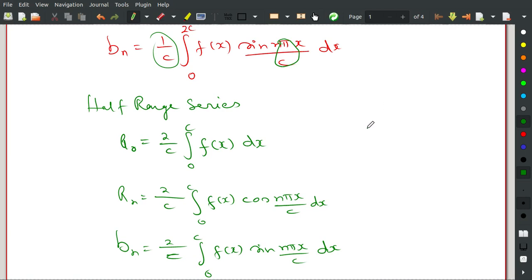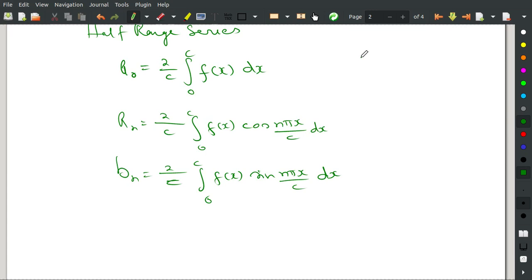In the half range series, it can run from minus half to positive half, or from 0 to 1.